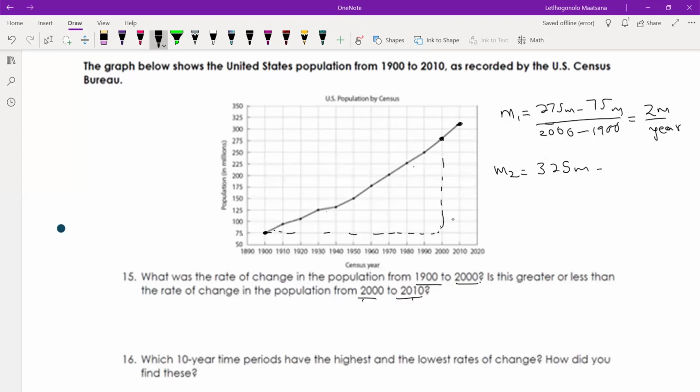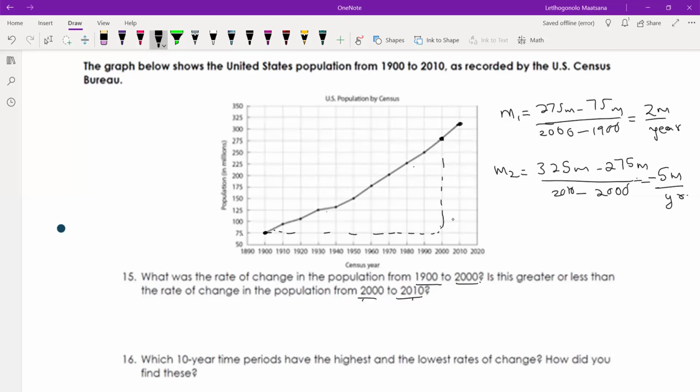And in 2000, we had 275 million, and we'll have a difference of 2010 minus 2000, over 2010 minus 2000. That is 5 million per year.